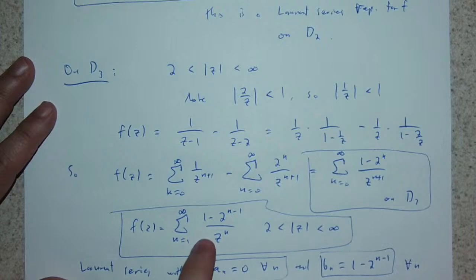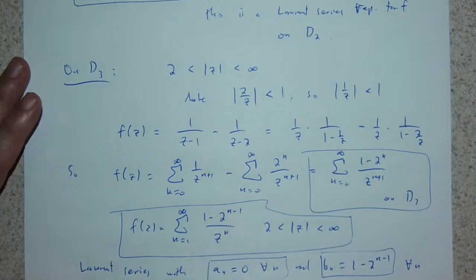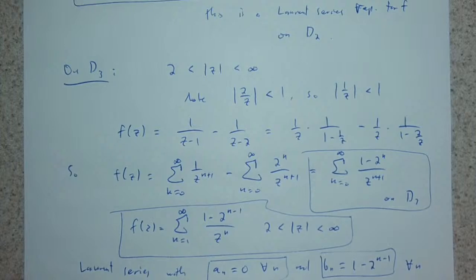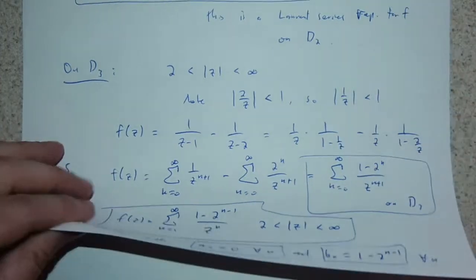So the coefficients on the positive powers of z are all 0, and the coefficients on the negative powers of z, well, there they are. Its only non-zero coefficients are the ones on the negative powers. So this kind of gives you a nice taste for the kind of stuff that's going on here.